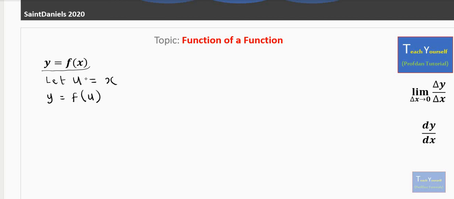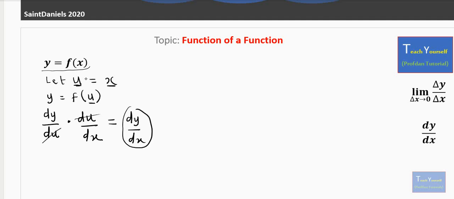So we can differentiate y with respect to u, giving dy/du, and we can differentiate u with respect to x, giving du/dx. This still gives you dy/dx because this can cancel this. So this is function of a function.